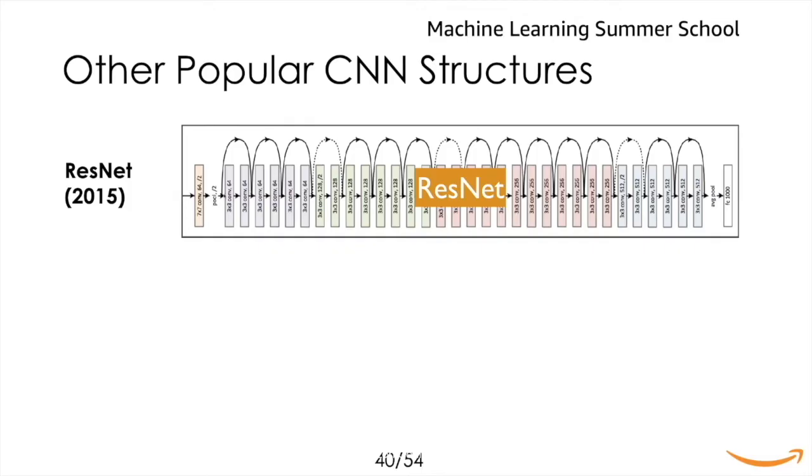So the output of this particular layer was directly added to the output of this layer, and the sum was passed to the next layer, right? So this layer only needed to learn the residues. This architecture allowed the authors to train a 150 layer network and win ILSVRC 15.